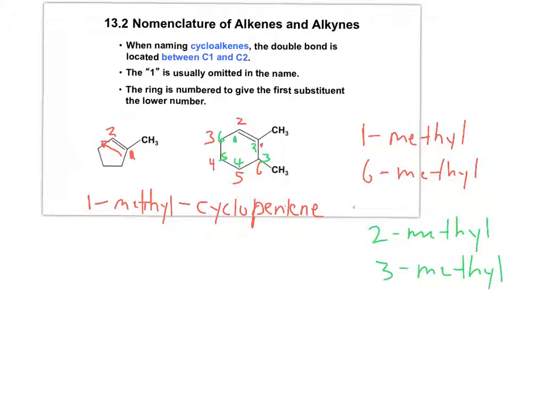So the rule with cycloalkenes is you just focus on minimizing whichever scheme gives you the lowest first number. So 1 is lower than 2, therefore this takes priority over the green numbering just because it has the lower number. In chemistry limbo is how low can you go. Now it's hokey, but minimizing the number is always the path that you choose.